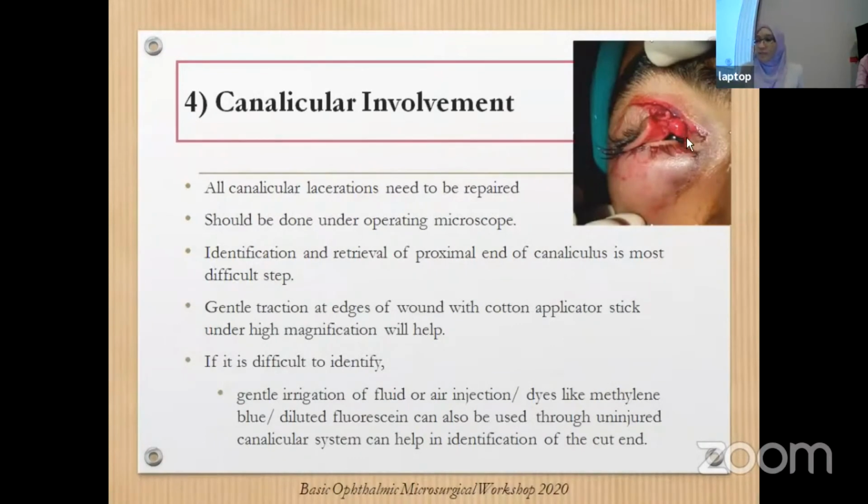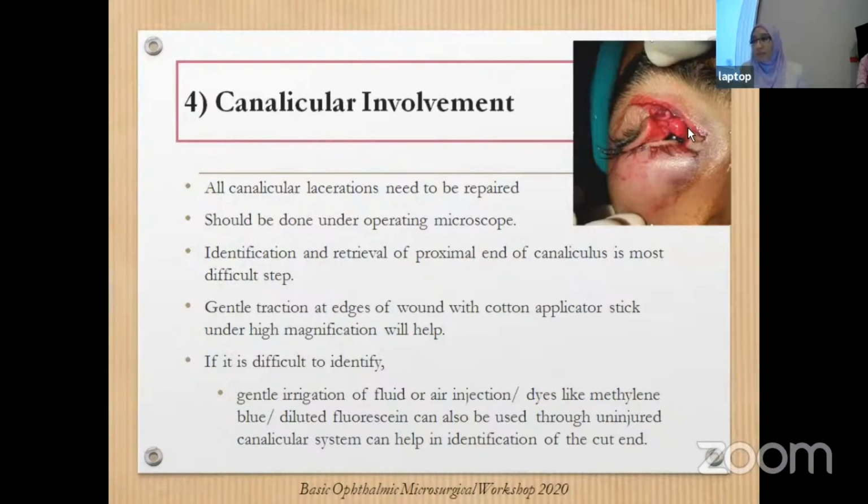Then how do we identify the proximal end of the canaliculus? We can probe the lower punctum and inject BSS, the fluid, or air, so we can identify it. If we inject the fluid, we can see the fluid flow from the proximal end of the canaliculus.